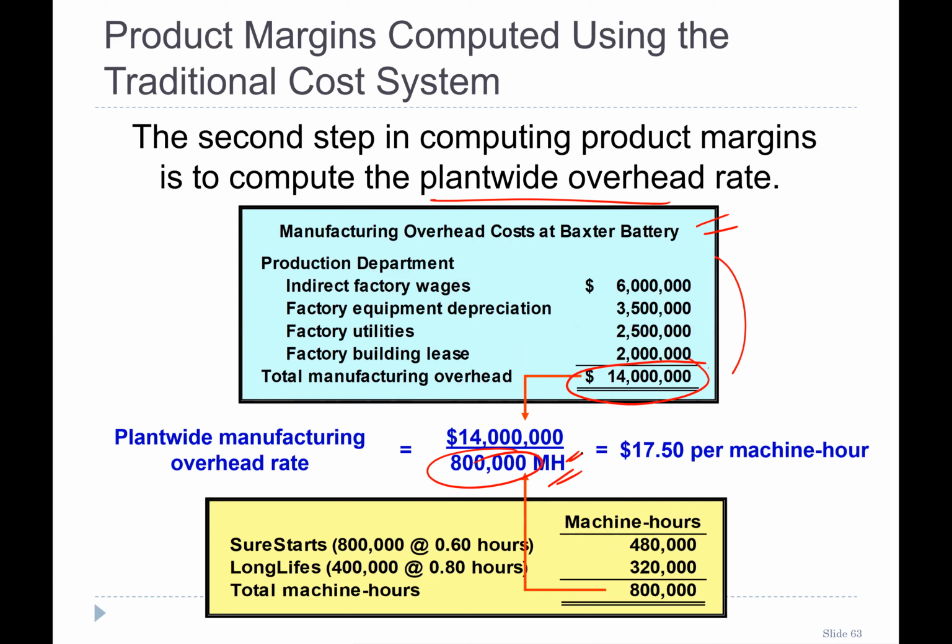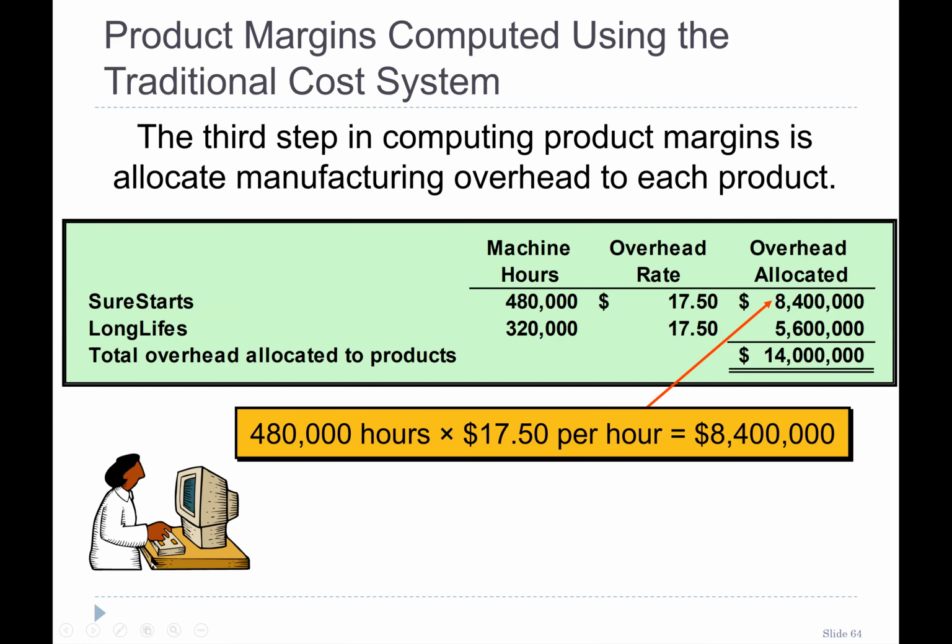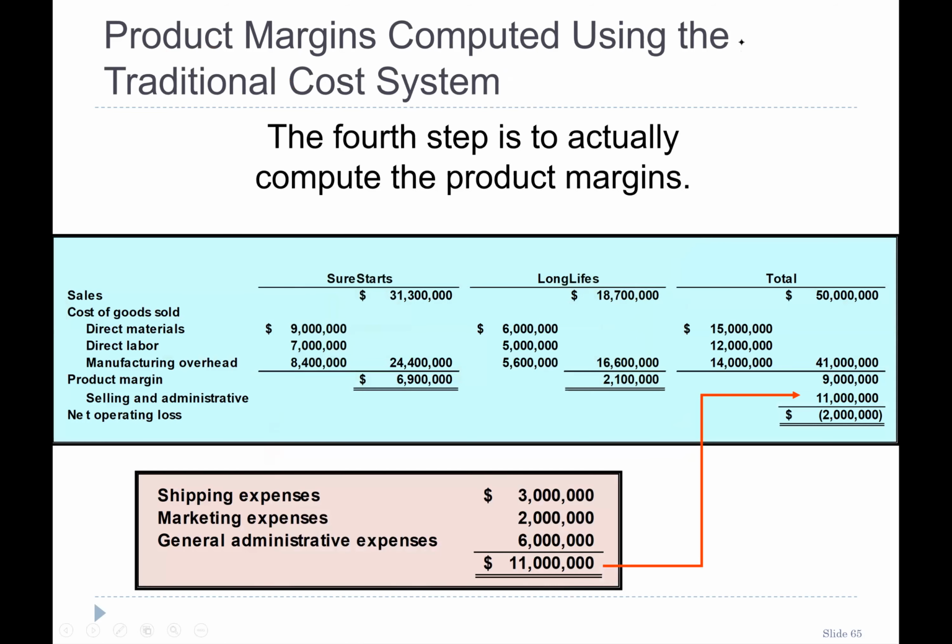So with that one, our answer is going to be different. Let's talk about this. So machine hours are going to be used by short start 480,000, long life 320,000. You multiply the same rate and you find out that the overhead is 8.4 million for short start, 5.6 million for long life.